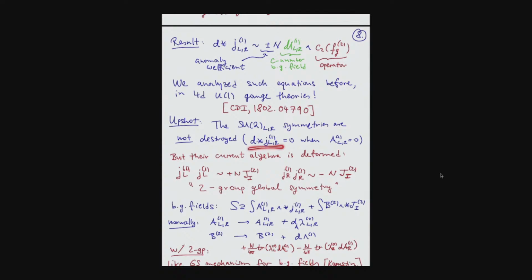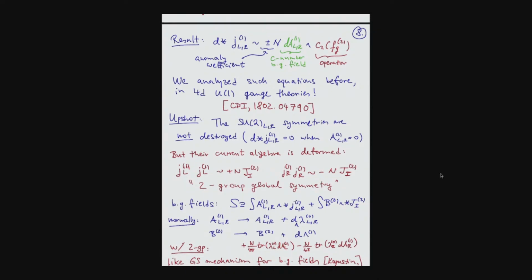So they're actually conserved operators, and you can use them to define conserved integrated charges. So this right-hand side does something, but it's more subtle than modifying the charges. Instead, what it does is it modifies the algebra of the currents. So it leads to a deformation of the current algebra.